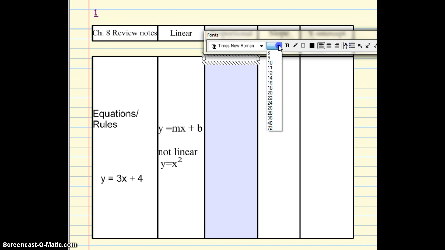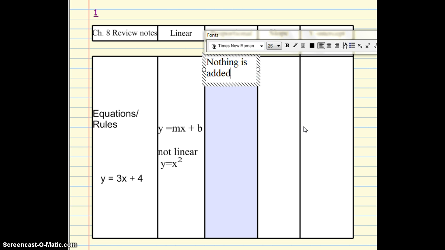When we are looking at an equation, equations are proportional if nothing is added or subtracted. Because when nothing's added or subtracted, that means our y-intercept is 0. So if nothing is added or subtracted, it would be like y equals 3x. In this case, our equation over here of y equals 3x plus 4 is not proportional.